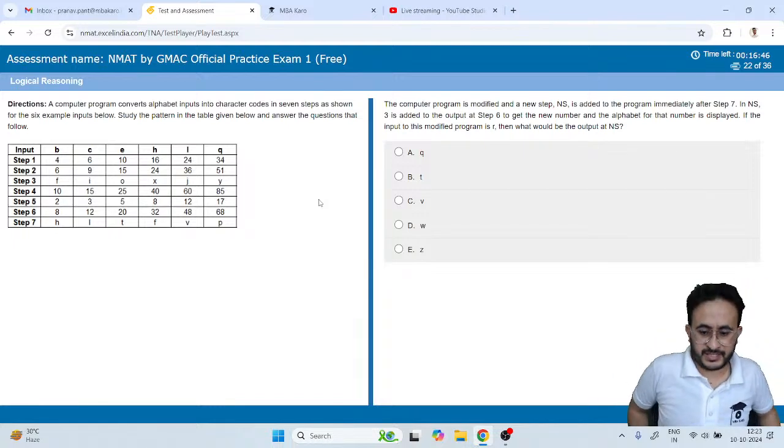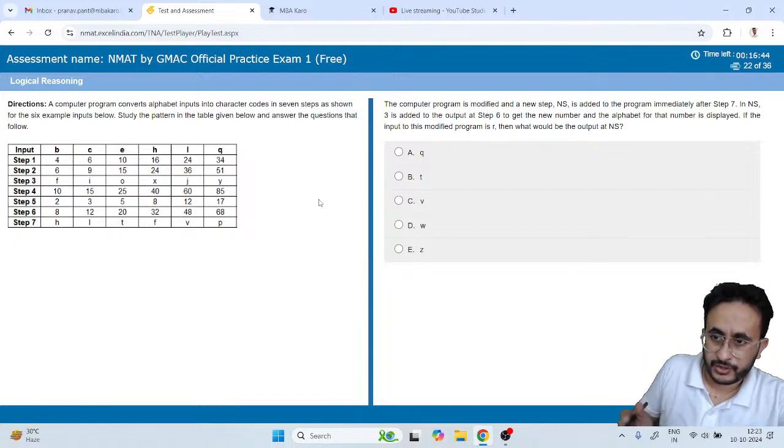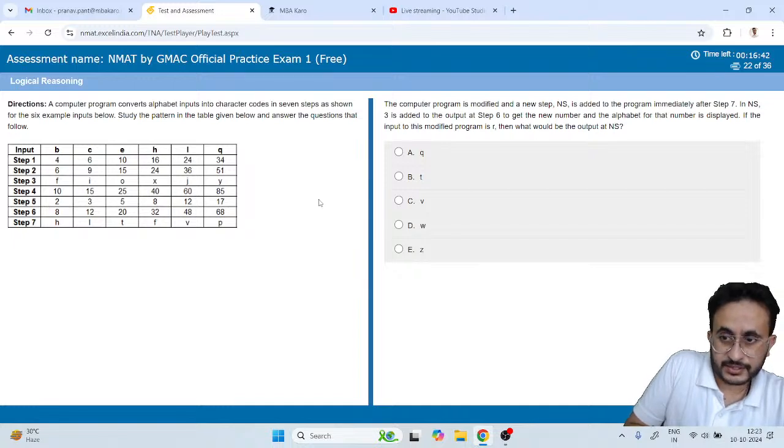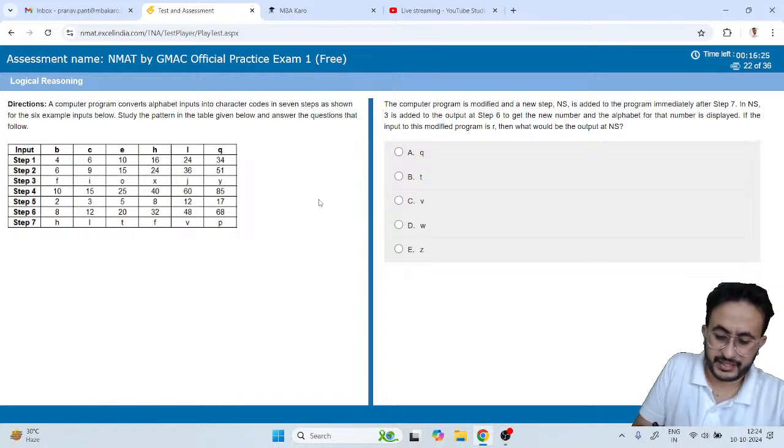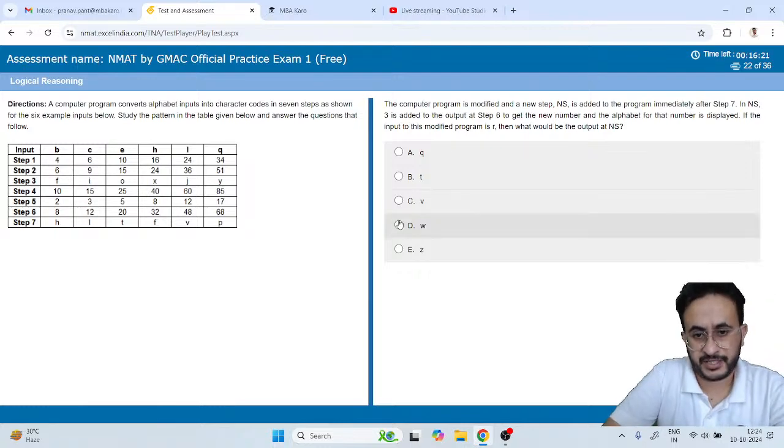Step 6 was 4 times the input. Input is R, that is 18. So step 6 is going to be 72. Step 7 is 26 into 2, remainder 20. So step 7 is 20. NS should be plus 3, that is 23, which is W. So the answer will be W.